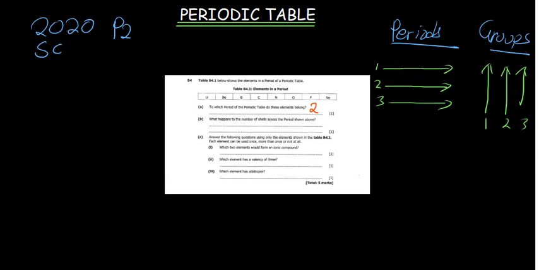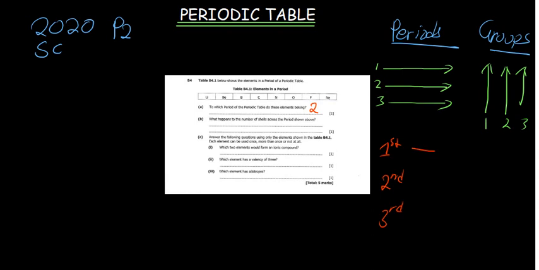We say, what happens to the number of shells across the period shown above? The question is asking us to say, are the number of shells going to increase as you go across the period, or are they going to reduce, or are they going to remain constant? So we're talking about three possibilities here. As you go this side, are they increasing?